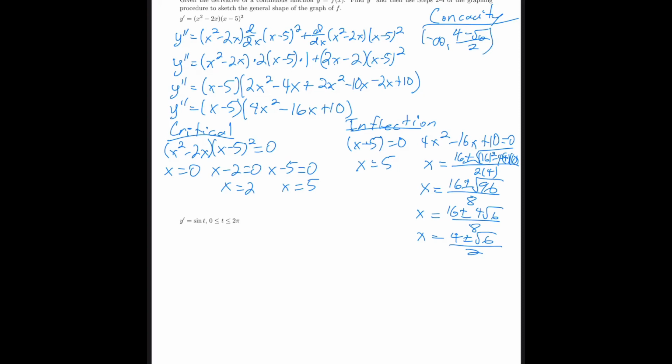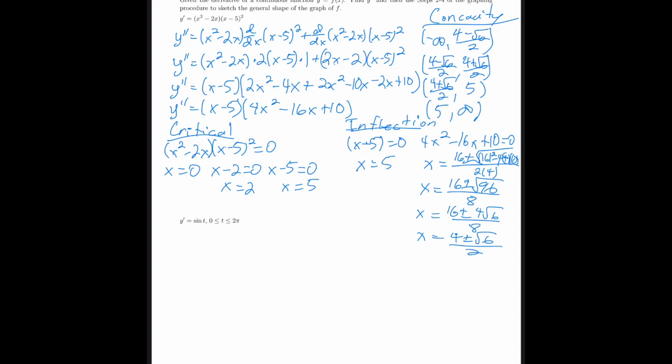So I'm going to have negative infinity to 4 minus root 6 over 2, to 4 plus root 6 over 2, and then 4 plus root 6 over 2 to 5, and then 5 to infinity.